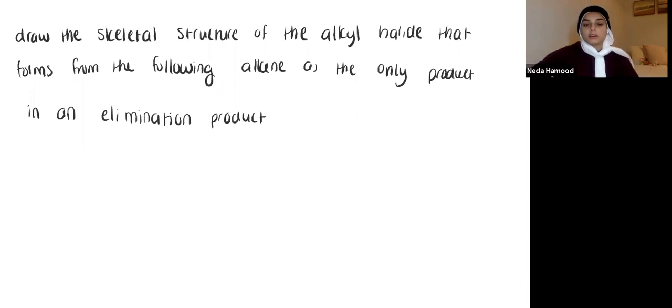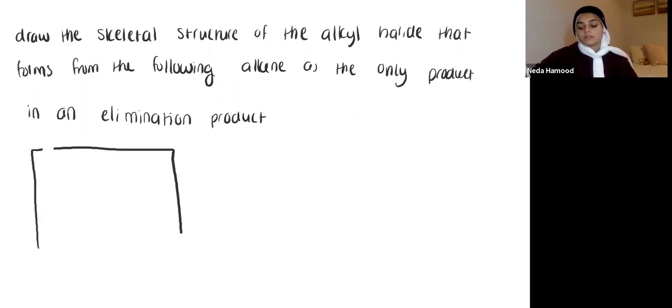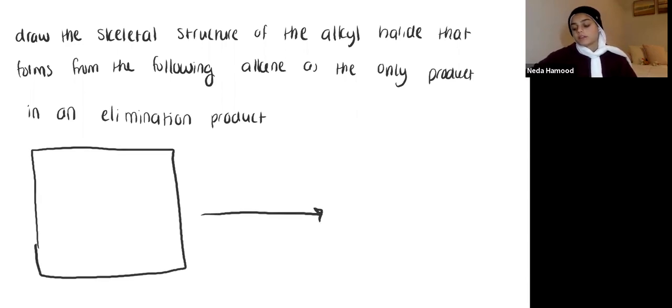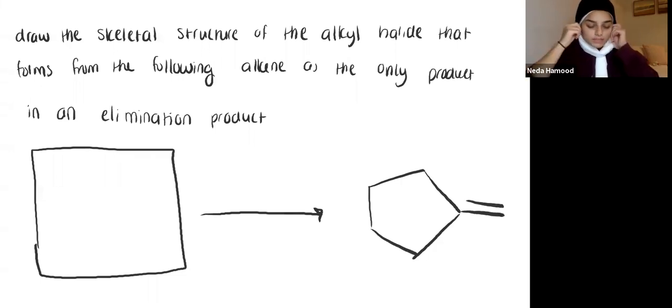So pretty much you're gonna want to make sure that you only have one beta carbon to react with. So this is going to be your starting material. That's where it's going to go. And then from that, you want to have this as the product. Good luck figuring this out. I'll be back in like 3 minutes.